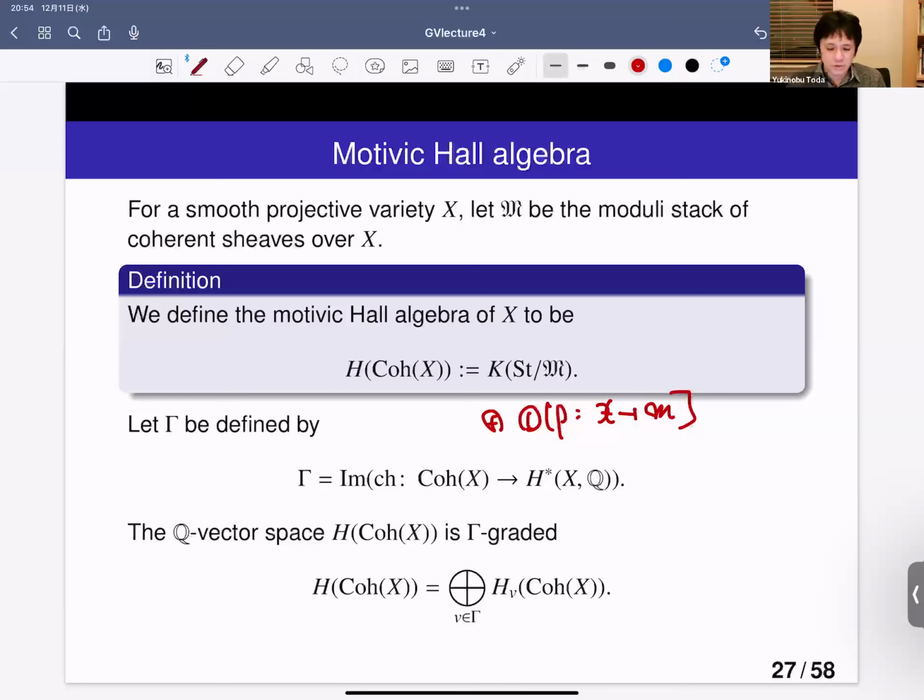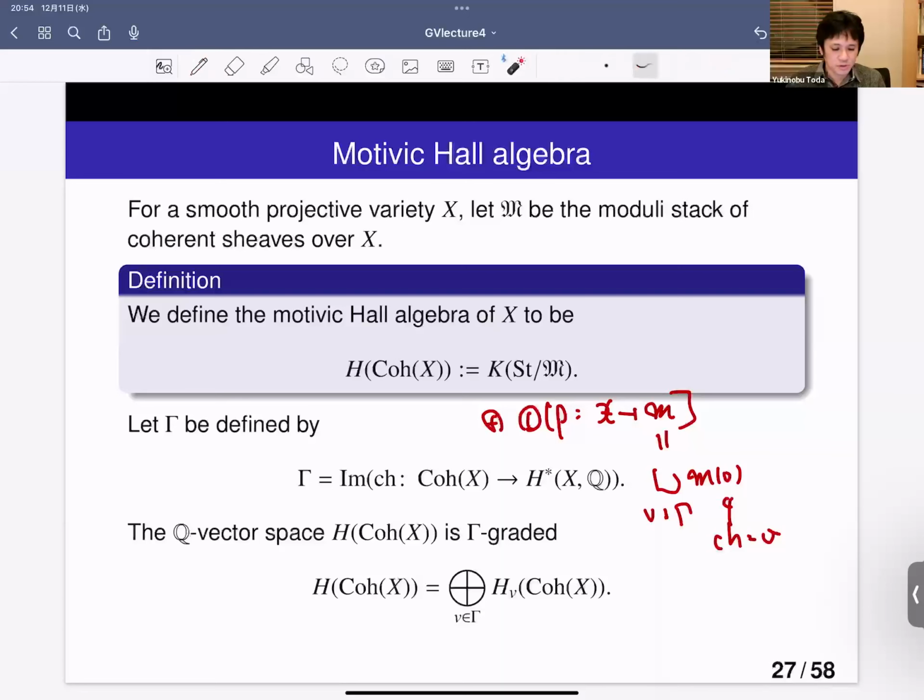Okay, so this moduli stack decomposes into the disjoint union over v, where each piece has Chern character v. And there is a direct sum decomposition of this quadratic group of stacks in terms of the Chern characters.